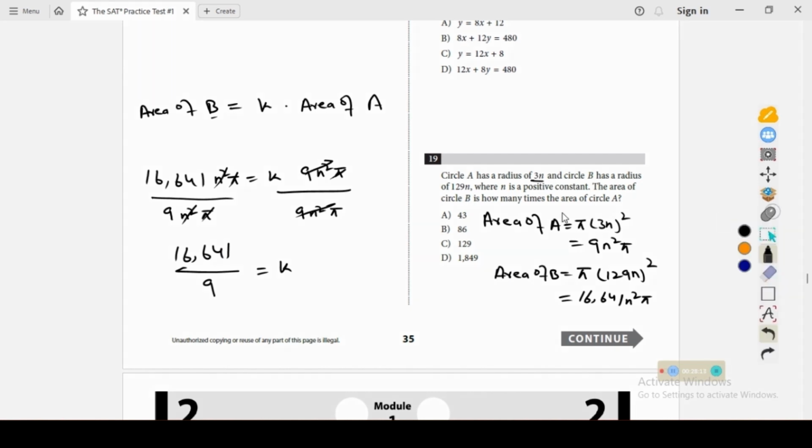That equals K. So this is the value of K. D is the correct answer.